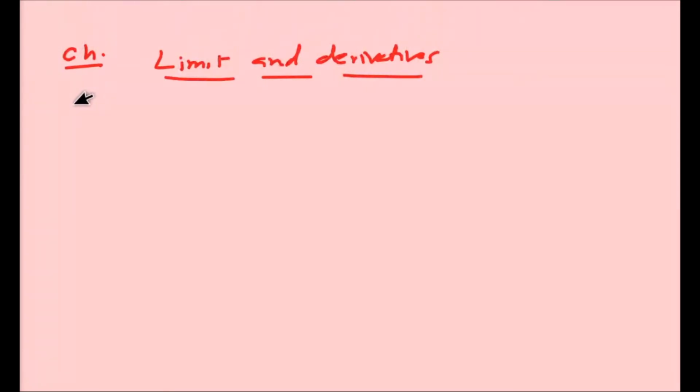Now, I am telling you in this topic some algebra of limit and some special formulae for finding the limits. So student, what is the algebra of limit? Algebra, you know, is addition, subtraction, multiplication and division.